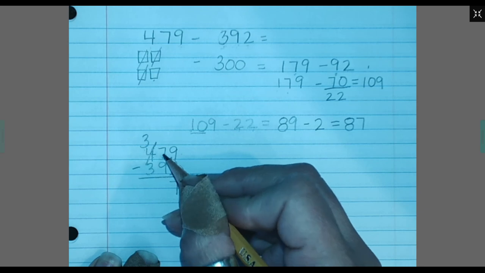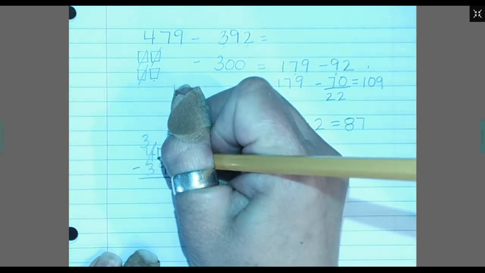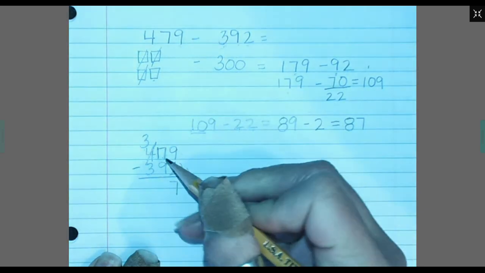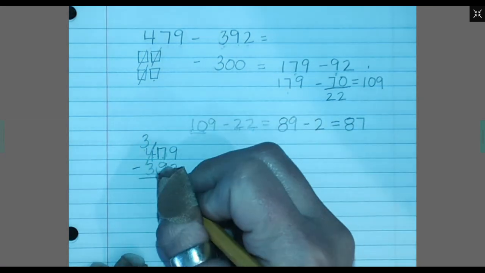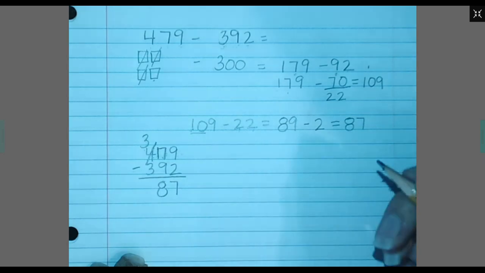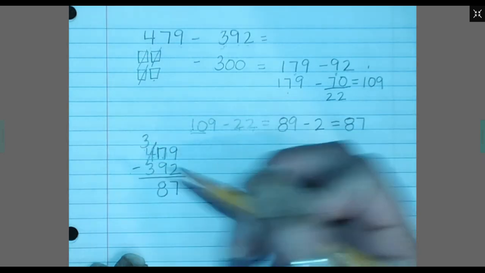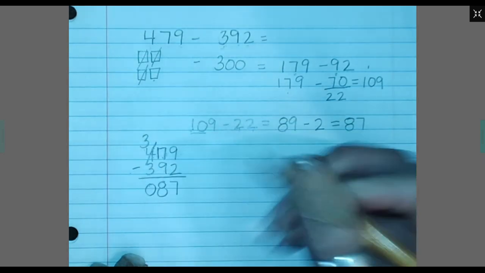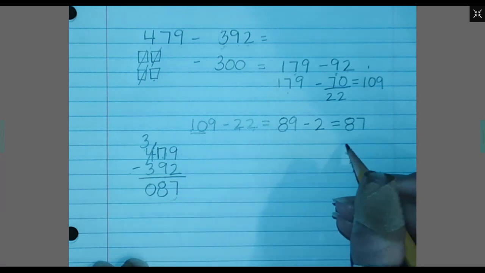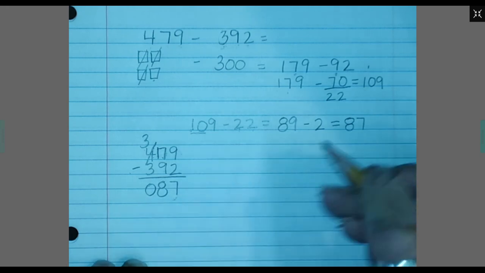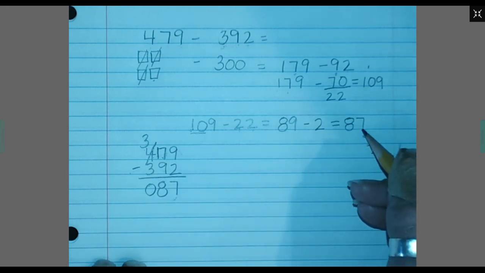So 10 tens plus 7 tens, I now have 17 tens. 17 minus 9 gives me 8. 3 minus 3 gives me 0. I got the difference of 87. Therefore, I got the same answer solving the standard algorithm and the expanded algorithm.